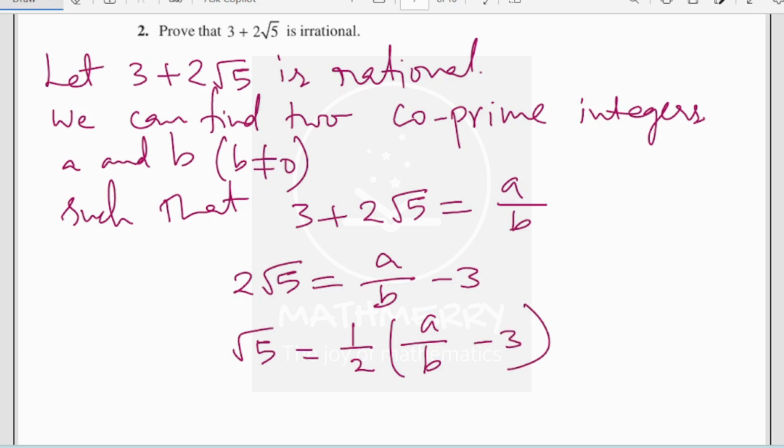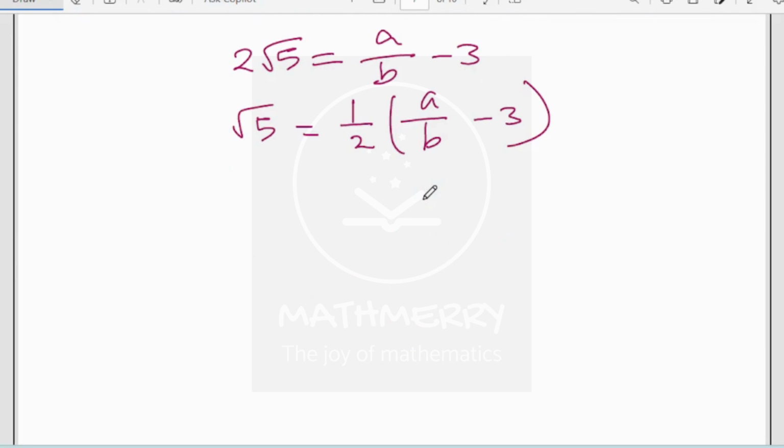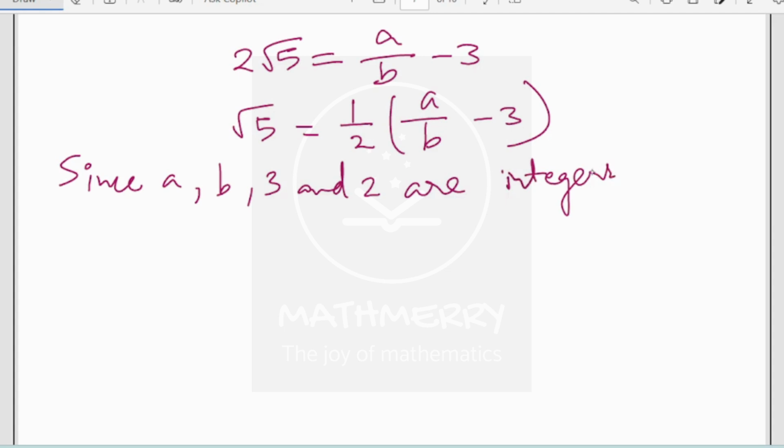Now if you observe both sides, left hand side and right hand side of this equation, since here we have a, b, 3 and 2 are integers, it will be a rational number. So half of a by b minus 3 is rational.